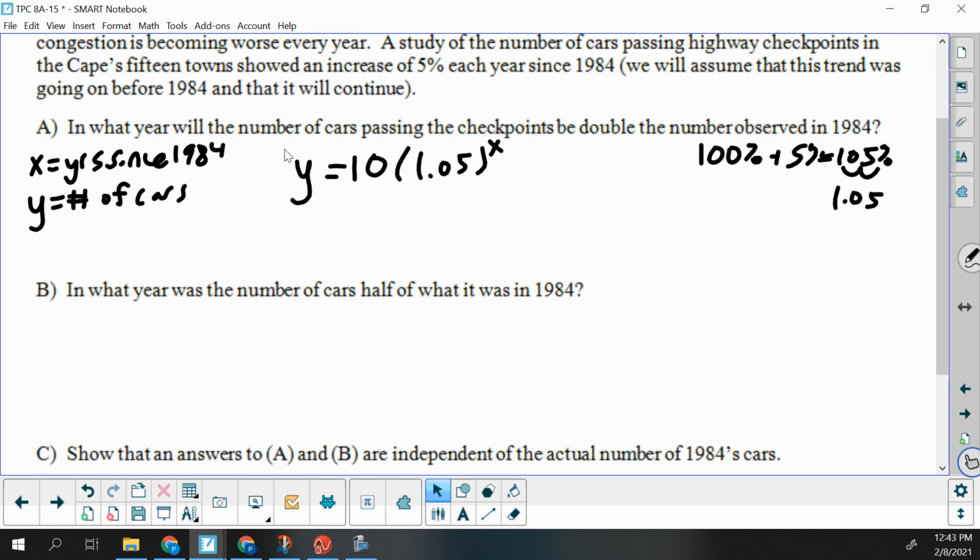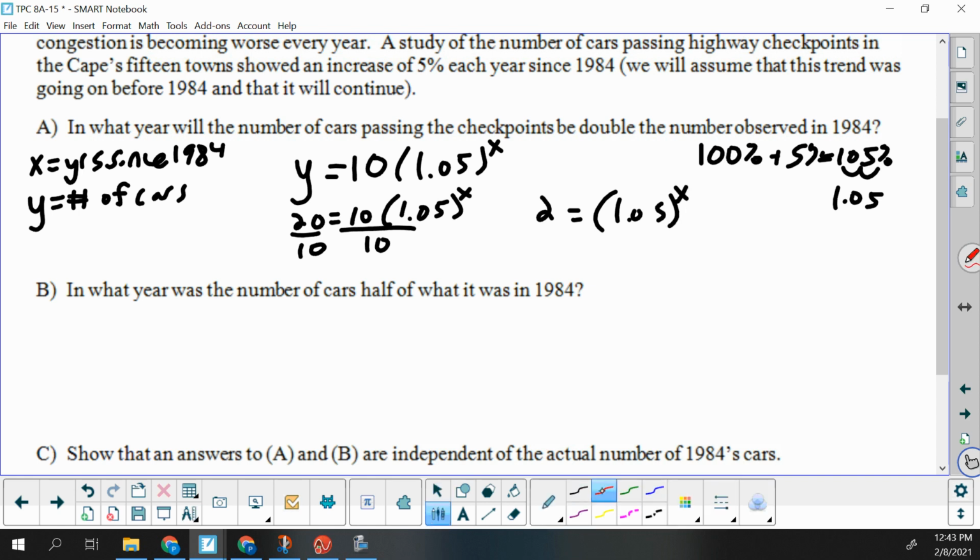So if we want to know when they're double, again, we just hypothetically picked 10 because if they didn't give you something, it must not matter. So double that would be 20. First thing we do, we divide the 10 over, and we'll get 2 equals 1.05 raised to the x. Well, we want to find an x that's in the exponent, so we'll do our log. The base of the log should be the base of the exponent, so 1.05.